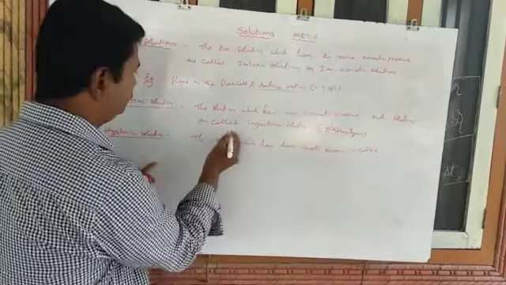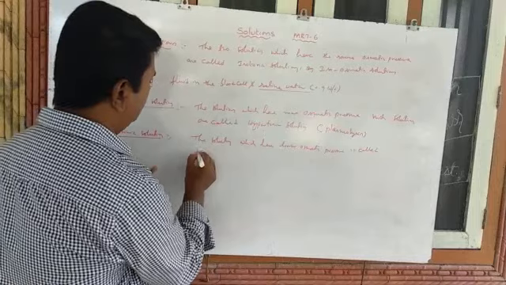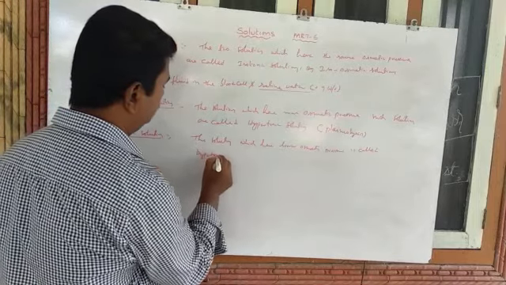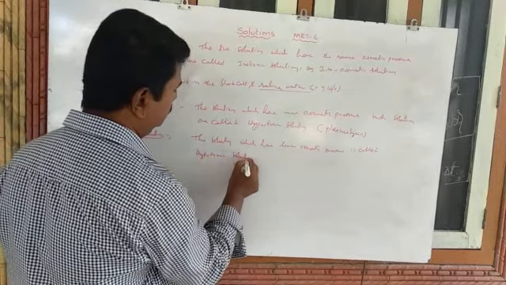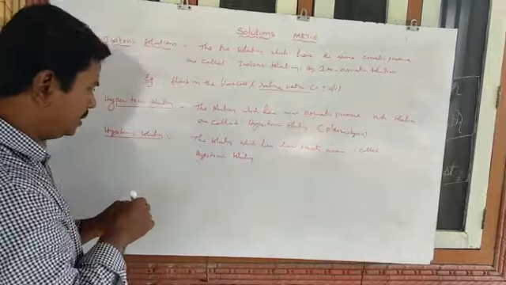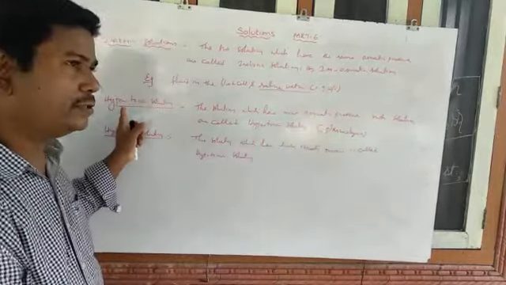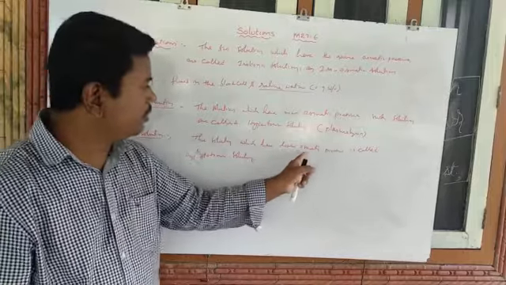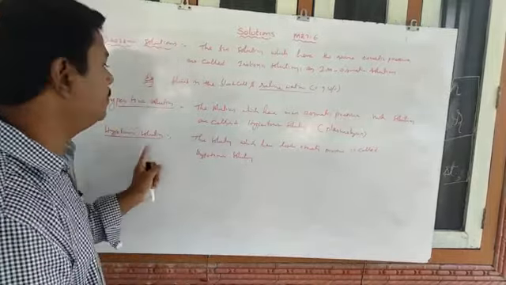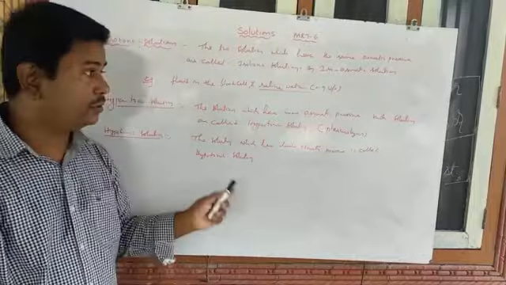So observe here: the solution which has more osmotic pressure is called hypertonic, and the solution which has lower osmotic pressure is called hypotonic.